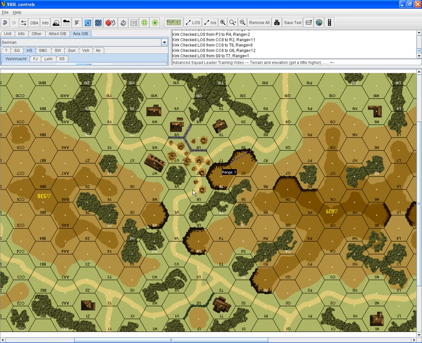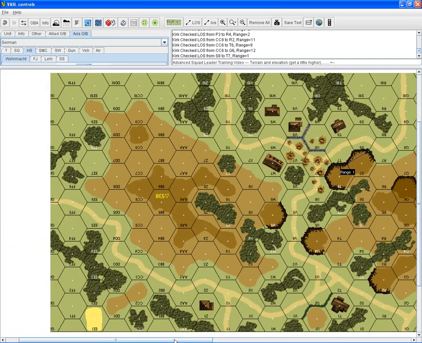Our tank in this scenario at U6 could not target someone in T6 because he can't get his turret up high enough to actually shoot at this unit. So there's a few restrictions on cliffsides. The only way infantry can climb up a cliffside is through climbing. I don't foresee that happening in this scenario, but you never know what might happen.